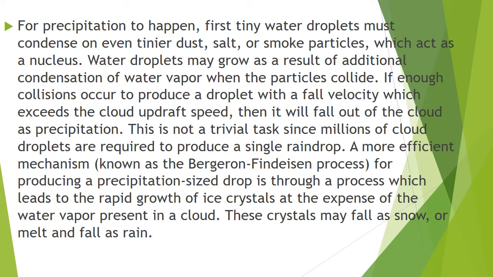A more efficient mechanism, known as the Bergeron-Findeisen process, for producing a precipitation-sized drop is through a process which leads to the rapid growth of ice crystals at the expense of the water vapor present in a cloud. These crystals may fall as snow, or melt and fall as rain.